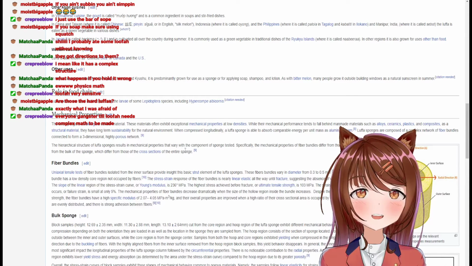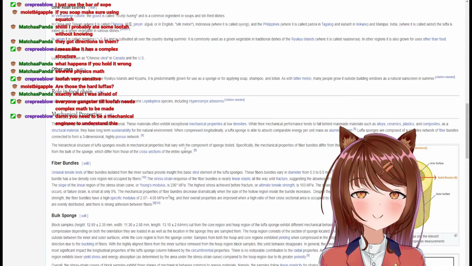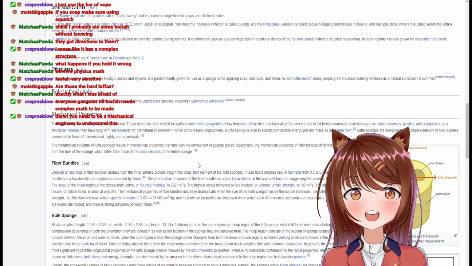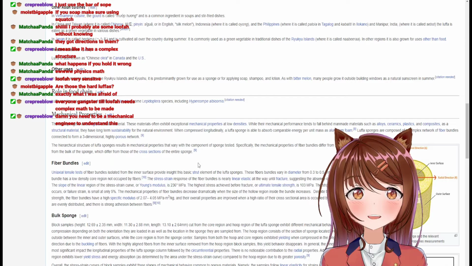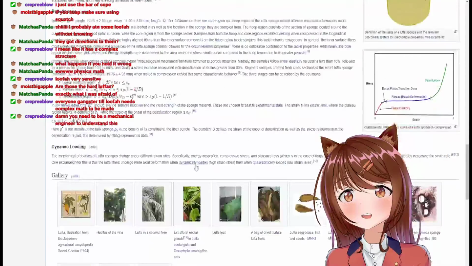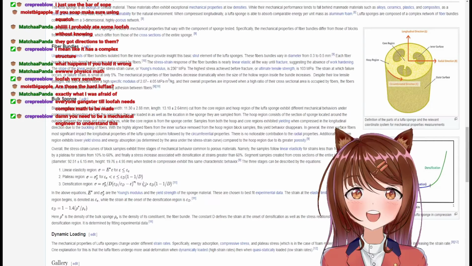Not a sponge. This is a vegetable. I know you need to be a mechanical engineer to understand loofah. I was not expecting this today. This just popped into my head and I was like, yo, I wanna learn about loofahs today. And then they throw this at me. Like, bruh.